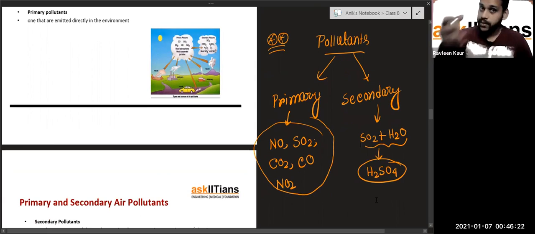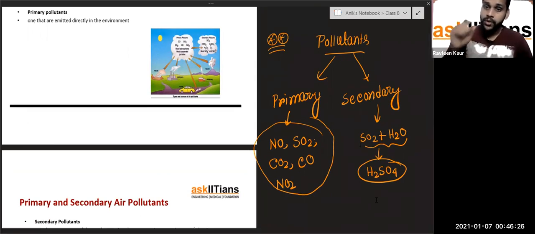This is acid rain, and we are going to discuss it in detail later on. Right now, what I'm trying to tell you is that SO2 is directly harming the air, which is a very good point. But apart from that, SO2 is also getting mixed with water, and together they make H2SO4. That is also harming the water, and it comes down as rain and harms us in a different way. So one SO2 is doing two different things.